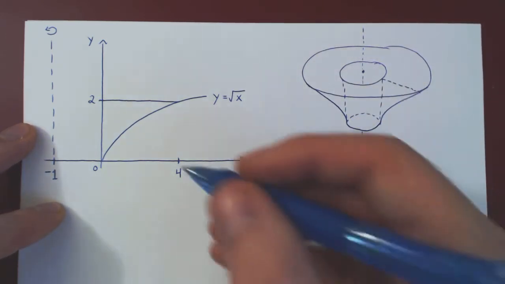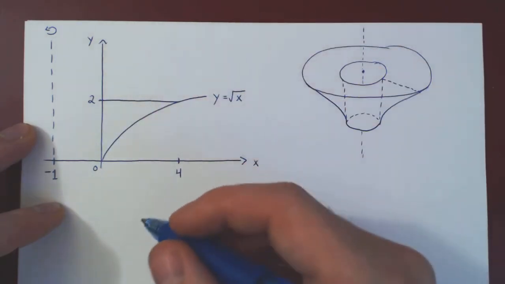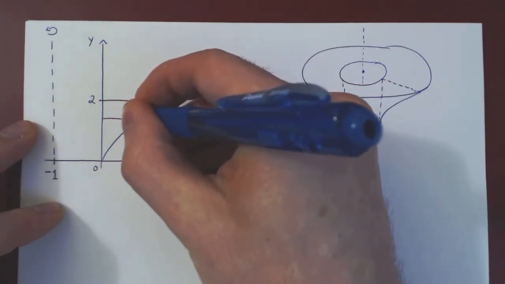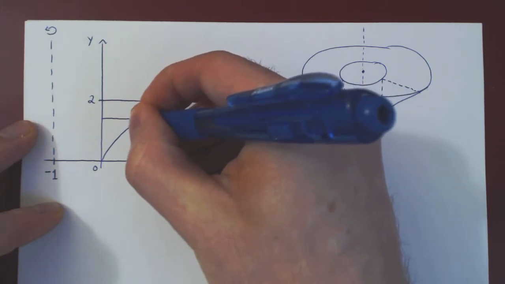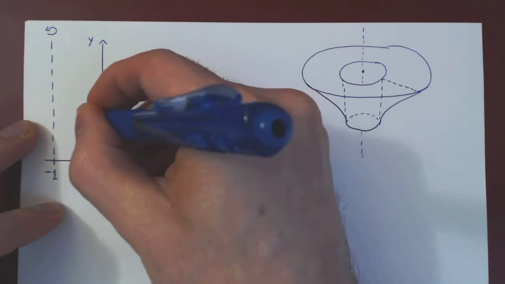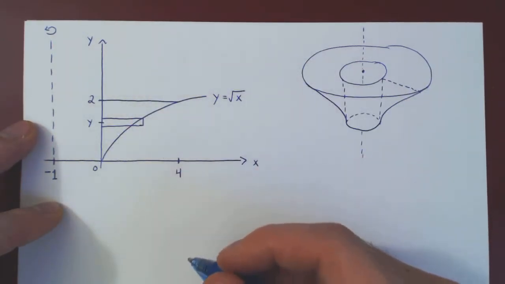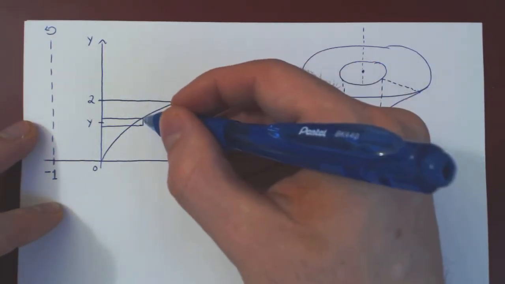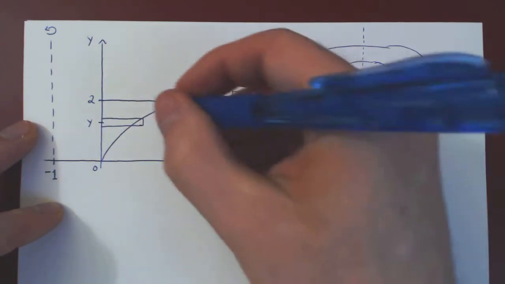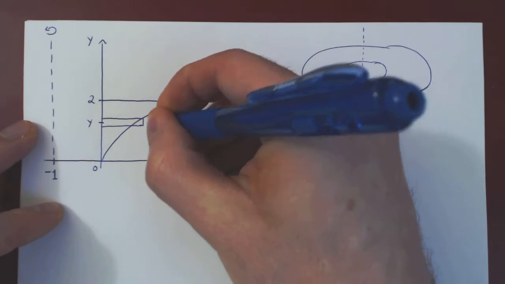Well, let's see. So here we'll take a set of horizontal rectangles positioned along the y-axis. Well, first, what is the width of our rectangle? This is an infinitesimal change along y, so the width is, of course, dy.